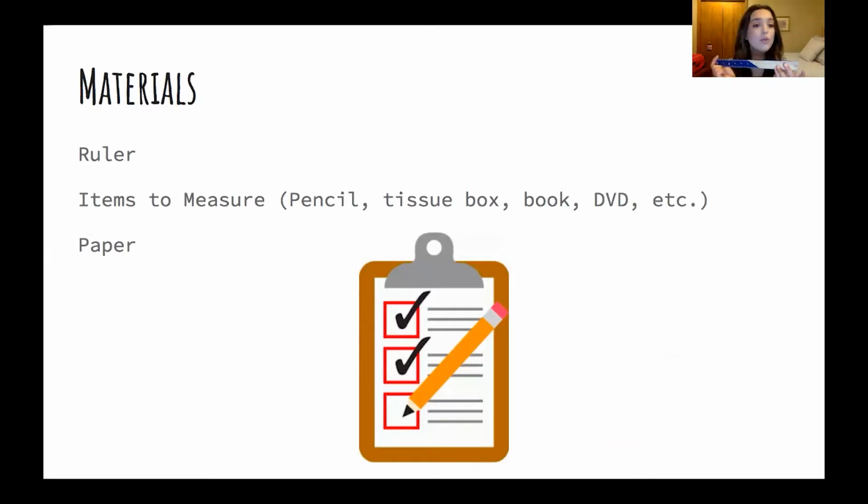If you don't have a ruler, if you have a tape measure or something that you can measure with that has inches or centimeters on it, that would be great. And then if you could grab items to measure. So if you have a pencil, a tissue box, a book, a DVD case, those are all things that we will be working with. And I know that yours will not be the same as mine, but that is okay.